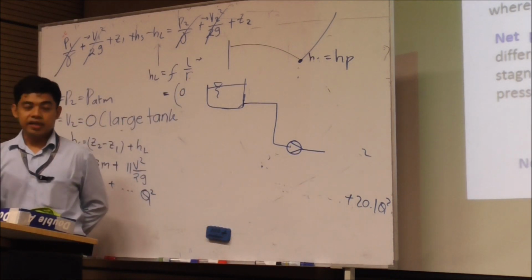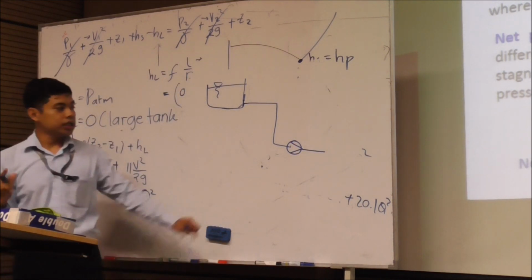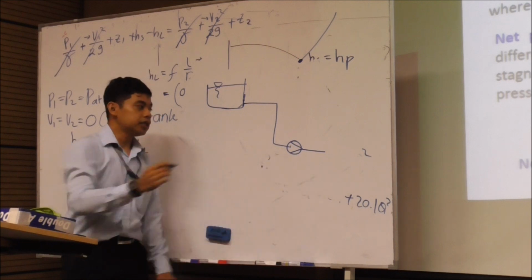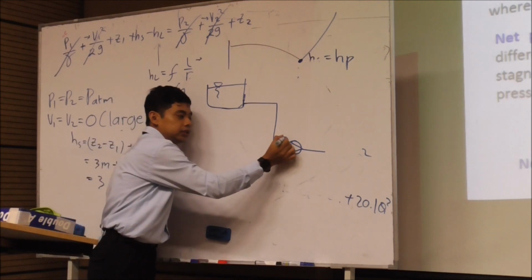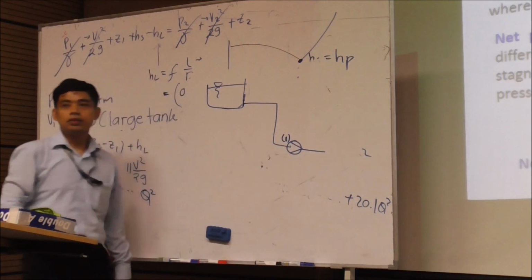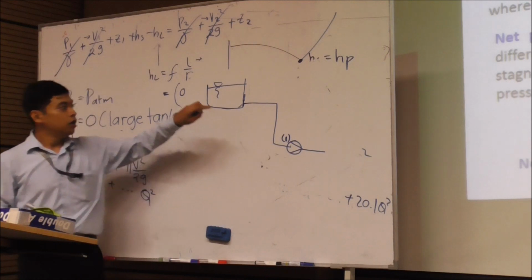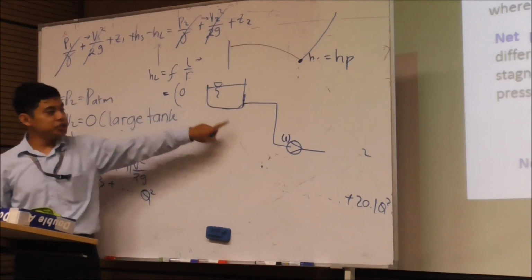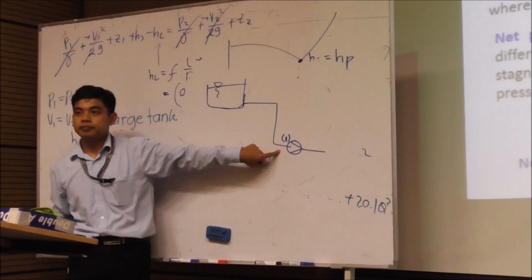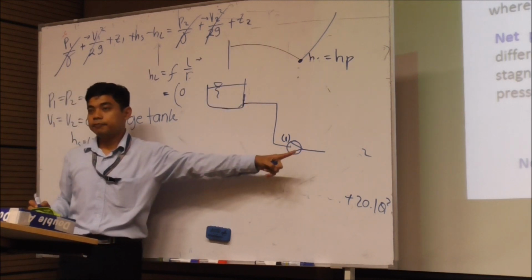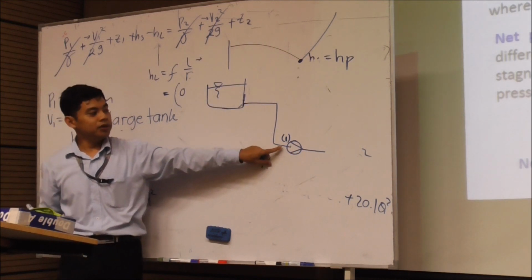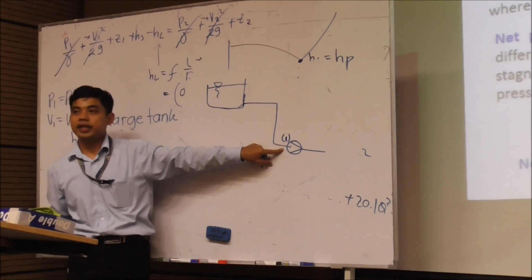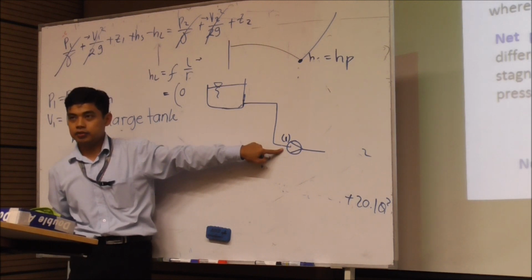Okay, now guys, this one, you are not talking about the outlet. You are talking about here. This location. When you have something like this, you can be sure that the pressure here will be positive, right? Because this one is going there. So you will know that this one will always be more than the atmospheric pressure, right?